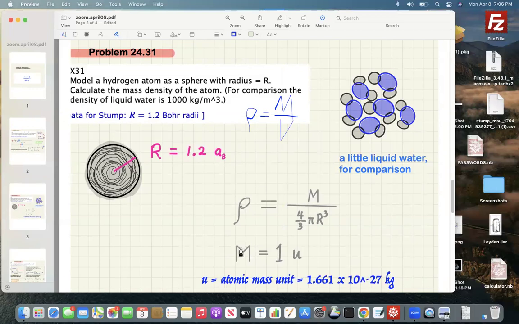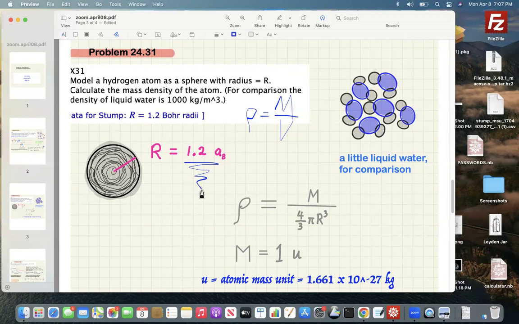Well, a hydrogen atom consists of one proton and one electron. So the mass is one atomic mass unit. Atomic mass unit is 1.661 times 10 to the minus 27 kilograms. So that's the numerator. What's the volume? It's a sphere, so it's 4/3 pi r cubed. And r we're taking to be 1.2 Bohr radii.